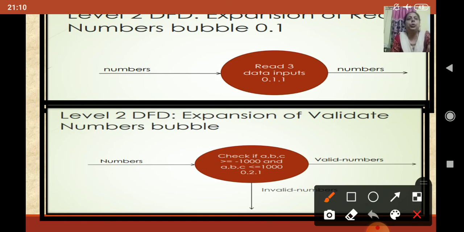In the validate function, it will check whether the numbers a, b, c are between minus 1000 and plus 1000. If the numbers are in between, then they are valid numbers and it will go to the next process. If a number is not valid, then it will show an error message.